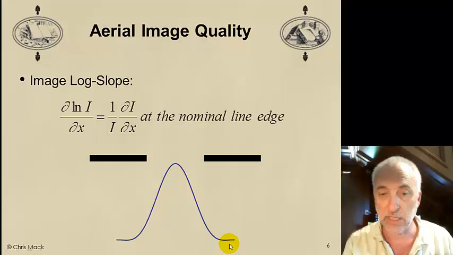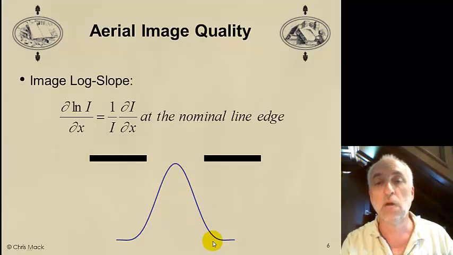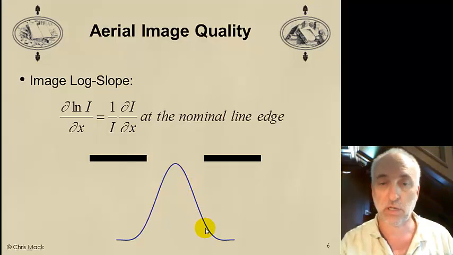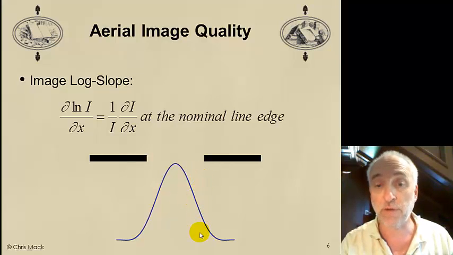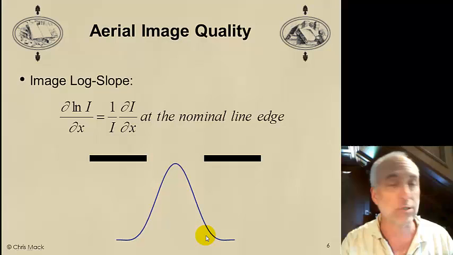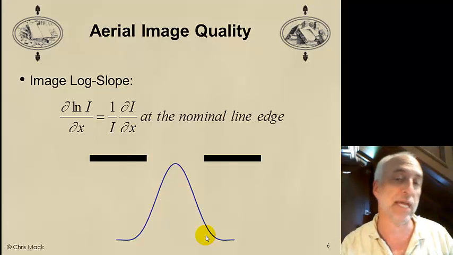It's not how bright it is or how dark it is, but rather how much transition I get from bright to dark that determines where that edge should be. If I had an infinitely steep profile or aerial image at the edge, then I would know exactly where the edge was supposed to be.